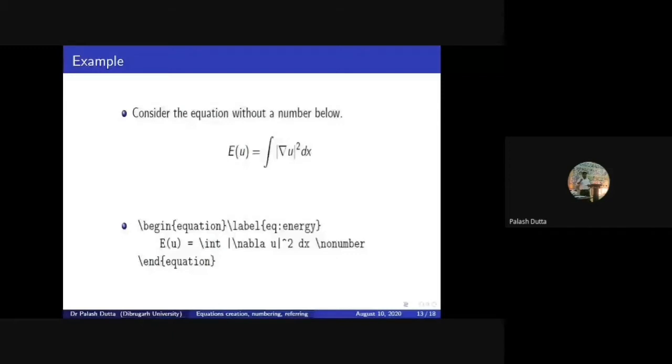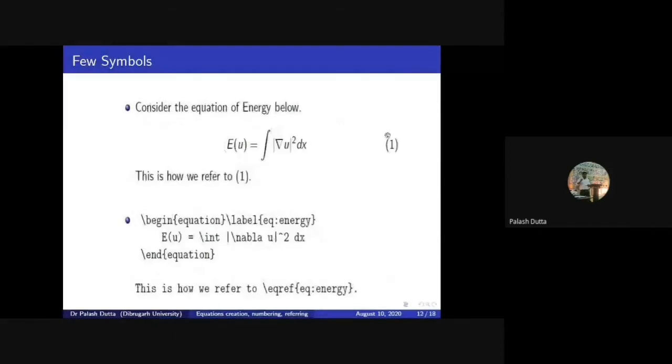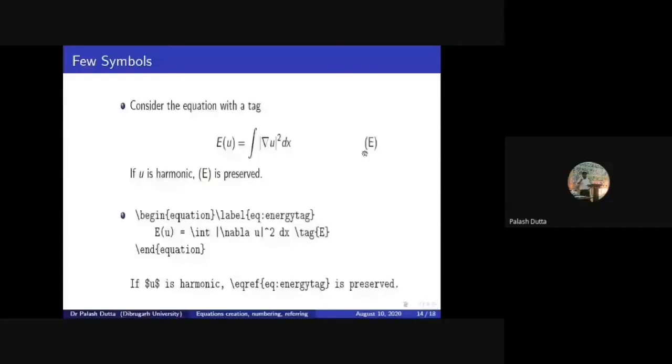Well, I forgot to say one thing. Here we are putting a number, right? In my previous lecture, I told you how we can bring a number in an equation. See here, if you write begin equation, the number will automatically come, right? Now suppose instead of a number we require this tag, E. For this, we simply write slash tag under parenthesis E, right?